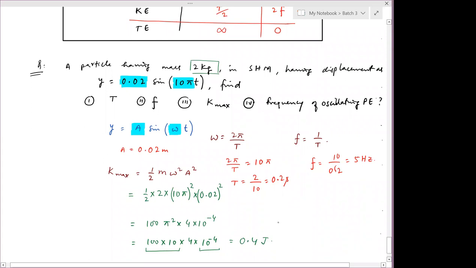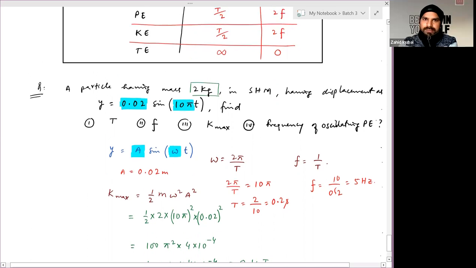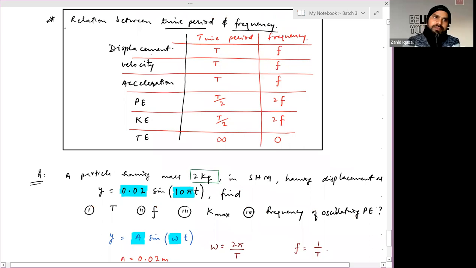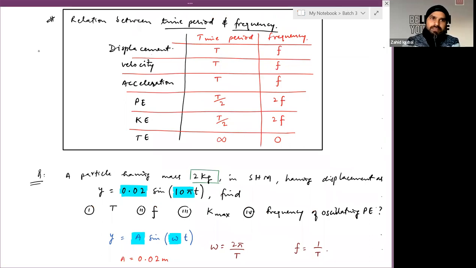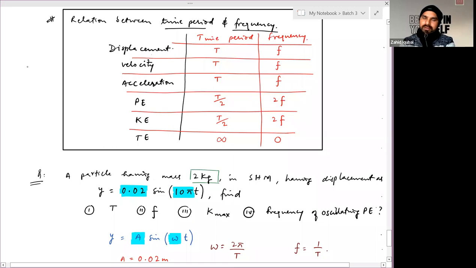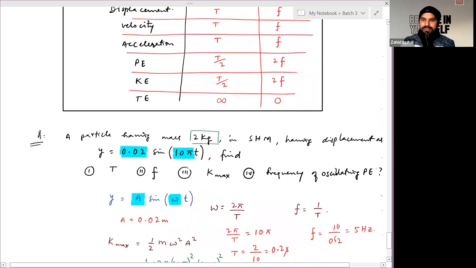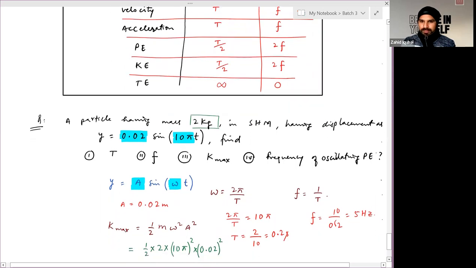Yes, sir. Now, from the above table, we can say if you have time period and frequency for displacement, then potential energy must have time period half of that of displacement and frequency twice of that of displacement. In this problem, we have time period of displacement 0.2 second.